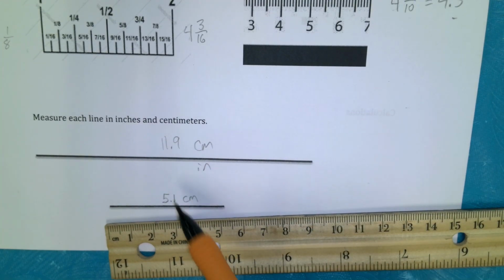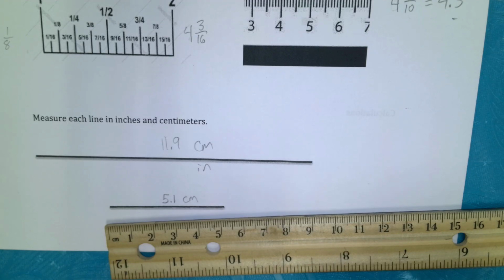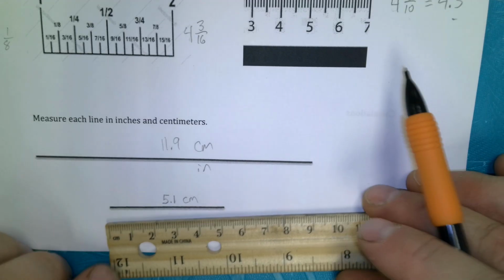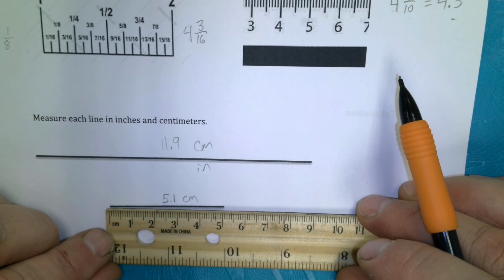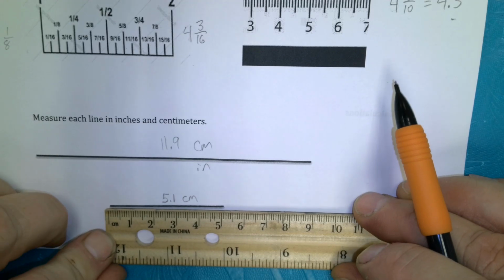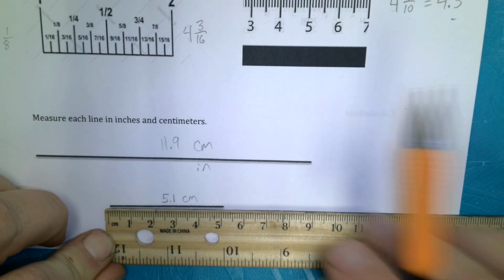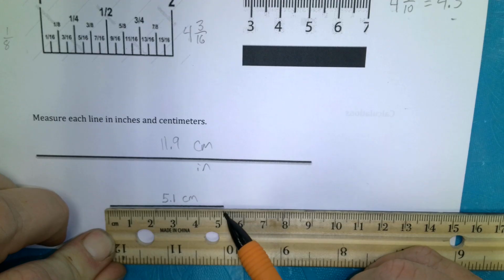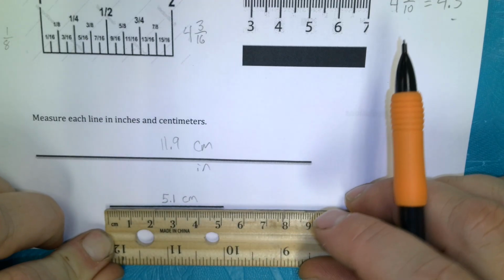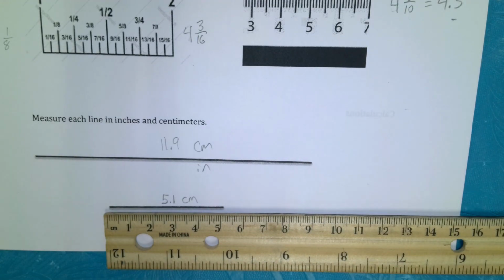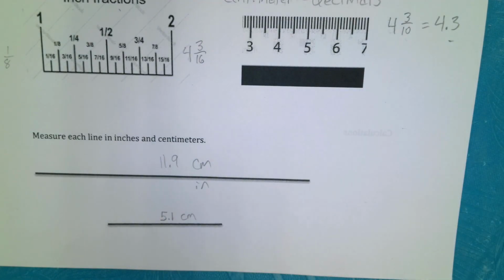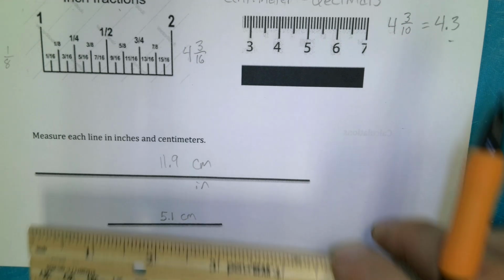So for the measurement pieces, as long as you're pretty close to it, try to be as precise as you can. Make sure you're lining up that line at the very beginning. But I think this is not quite 5.1, but it's closer to 5.1 than 5.0. And so if there are situations where it's really hard to tell, I will give you the benefit of the doubt. If it's obviously one or the other, you have to be exact. But if it's real close, just make your best guess, and I'll know which ones are real close.